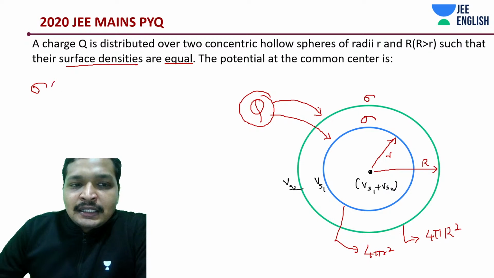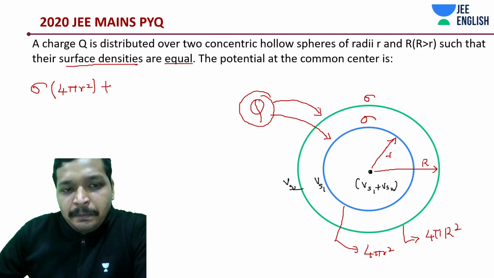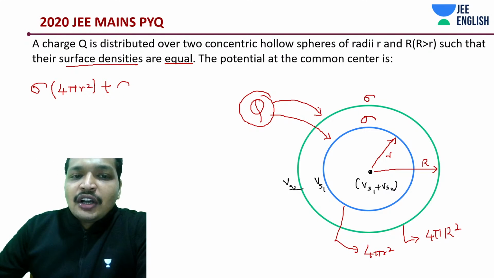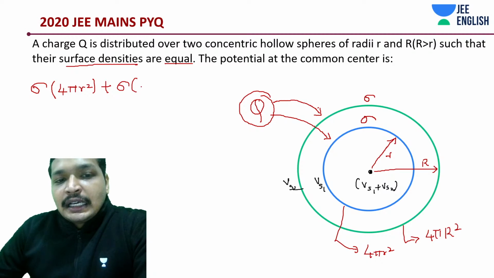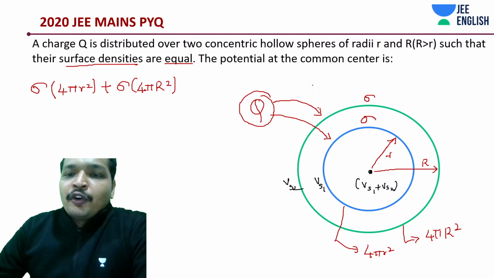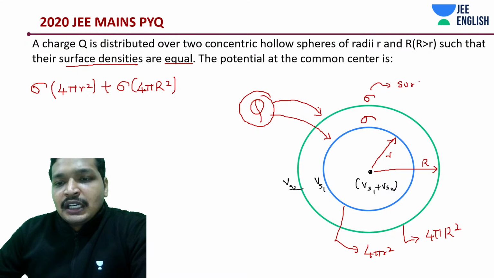So what I'm saying is, charge on the first shell is nothing but sigma into 4 pi small r square, plus that of charge on the green color one, the large shell, is sigma into 4 pi R square, because uniform surface charge density.